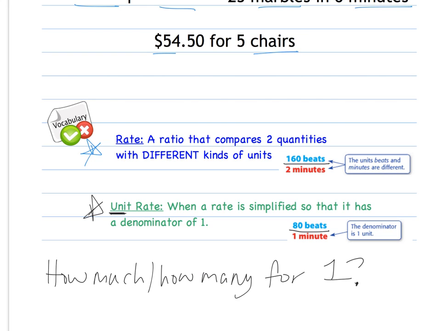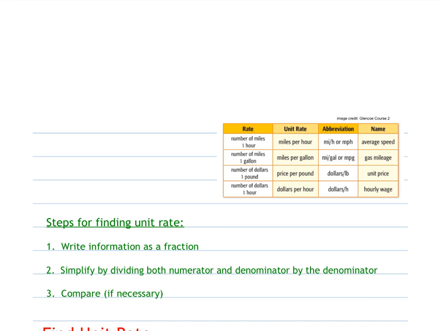What am I getting for one of the units? And generally, the bottom unit is an amount or time, and we'll see how this goes going forward. So make sure you have that vocabulary down. It's going to be very helpful for you moving forward. These are some common unit rates, or different common rates that you'll see in this chart here.